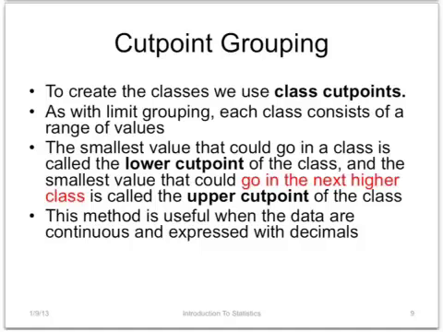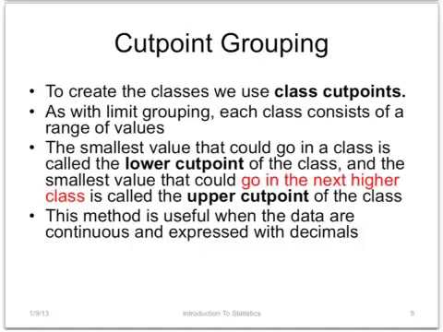Cut point grouping is similar to the previous limit grouping, but this works when our data set consists of numbers that are decimal points, so real numbers, not just integer values. In the previous slide, notice that we had integer values in our previous example, and we had a large range of values as well.